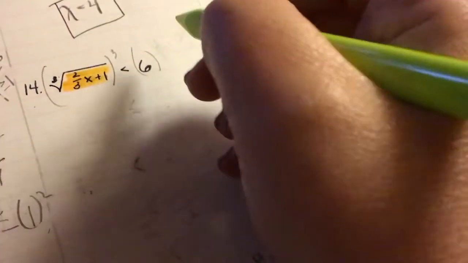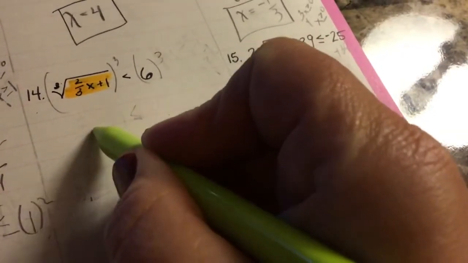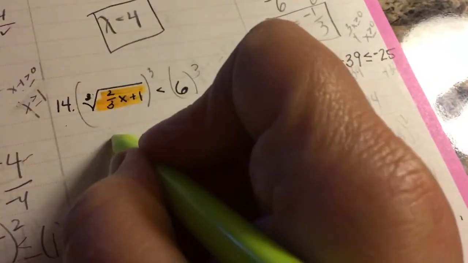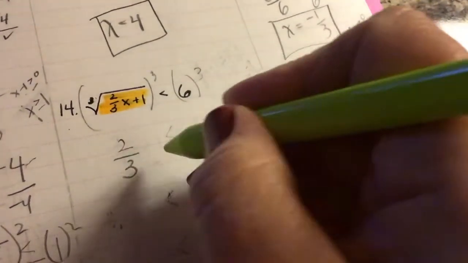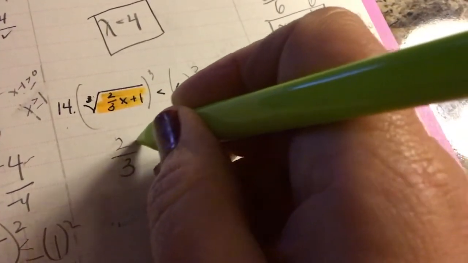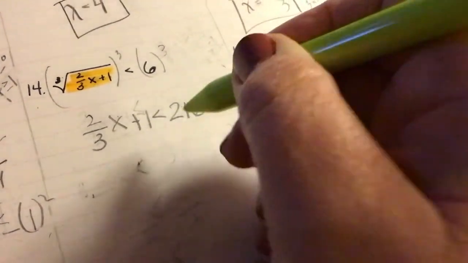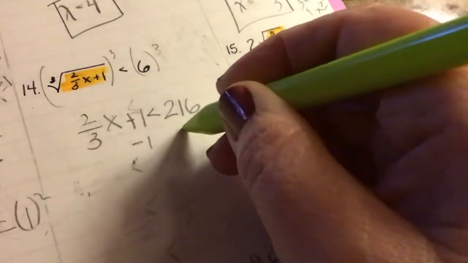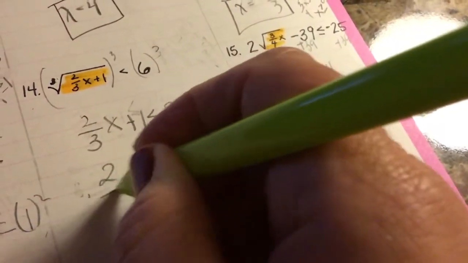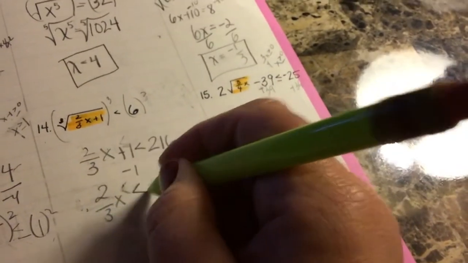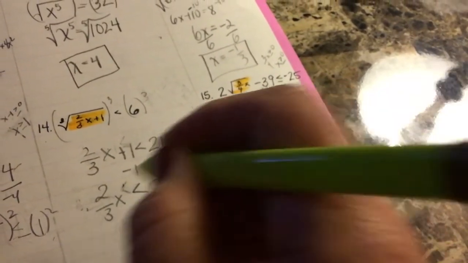So all I have to do is just raise both sides to the third power. I would get 2/3 x plus 1 is less than 216. I'd subtract 1 from both sides. So 2/3 x is less than 215.